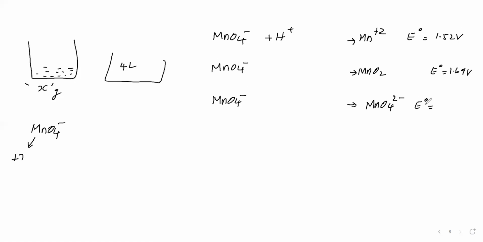For this the E0 value is 0.56 volt. This is possible under strongly basic medium. The MnO2 conversion is possible in neutral medium and weakly basic medium. Therefore, in acidic medium permanganate is converting into Mn+2.